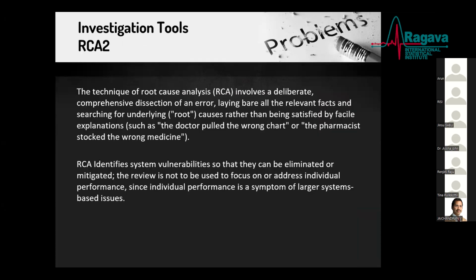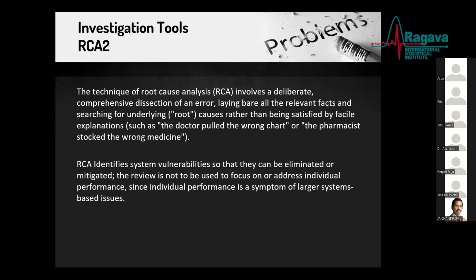Another investigation method is RCA2, which is root cause analysis and actions. Root cause analyses are usually done as per Joint Commission standards for sentinel events, but many organizations use root cause analysis not just for sentinel events, but to detect any process issues.